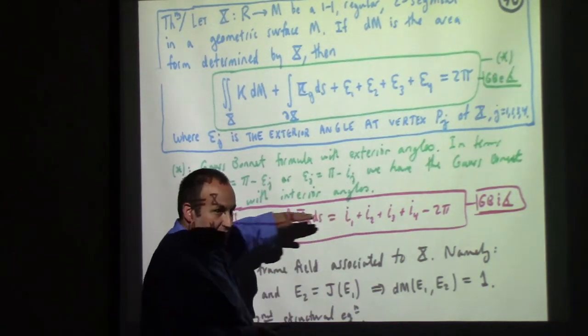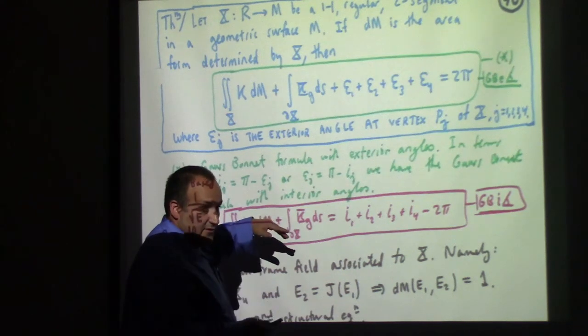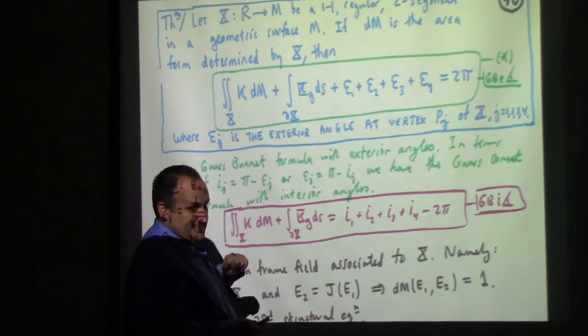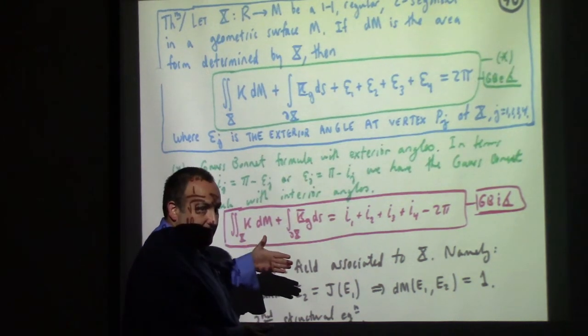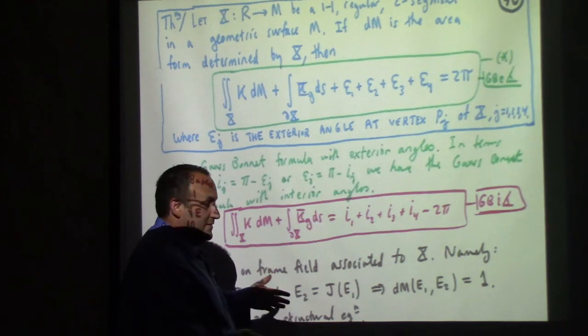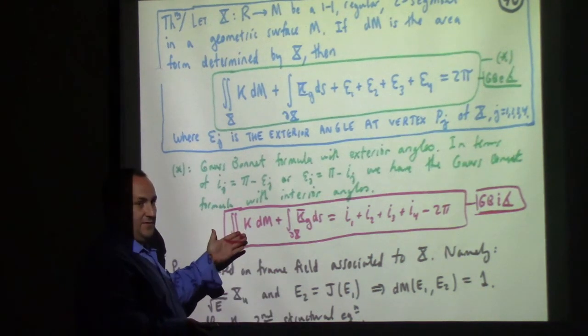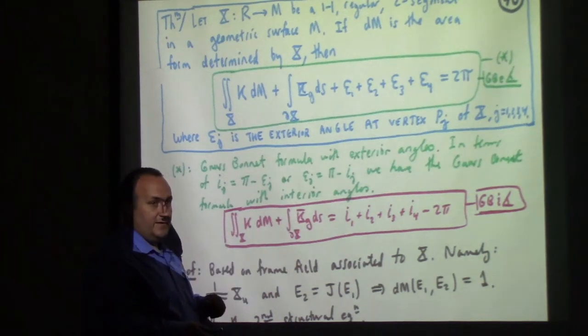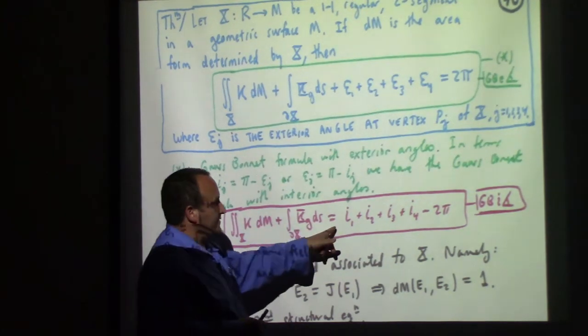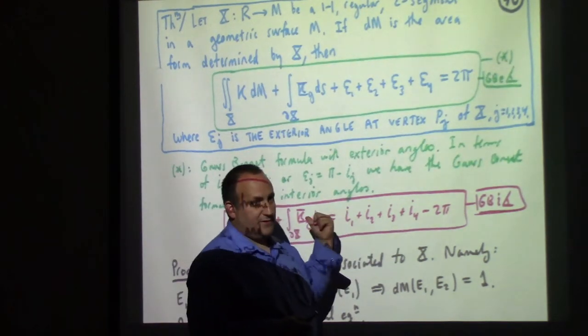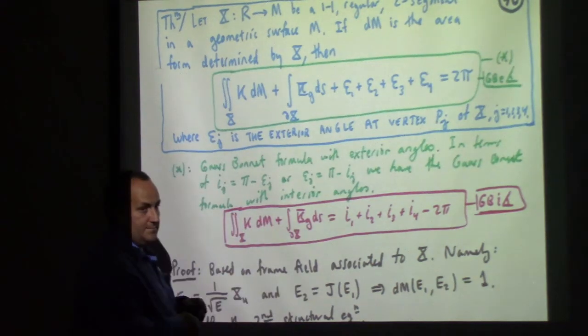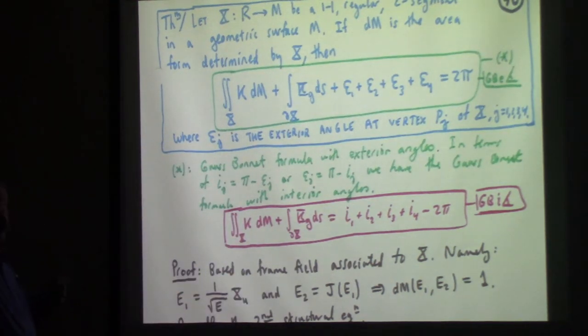They have 0 geodesic curvature. I'm talking about the Euclidean plane, so the Gaussian curvature is 0. So 0, 0. Rectangle. Sum of the interior angles minus 2 pi equal to 0. Is that true? Yeah, it is. So there's a quick check on whether or not this is crazy.